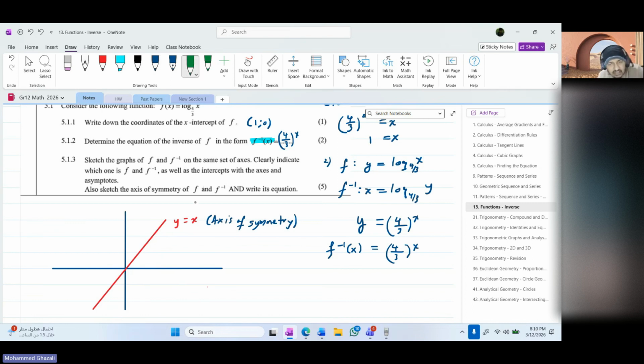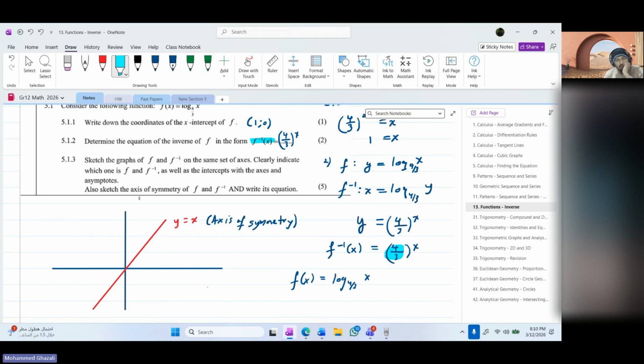Now the next part is to look at the graph of f, which is y equals, what is f of x? The graph of f of x is 4 over 3 to the power x. No, f of x was a log function. It was log x base 4 over 3. Now you can clearly see the inverse function 4 over 3 is bigger than 1, right?